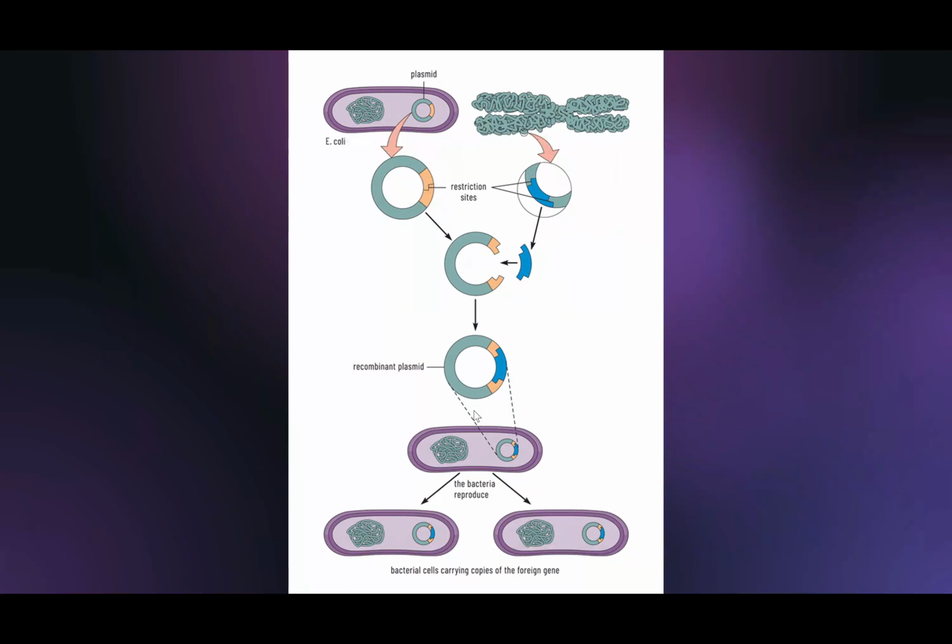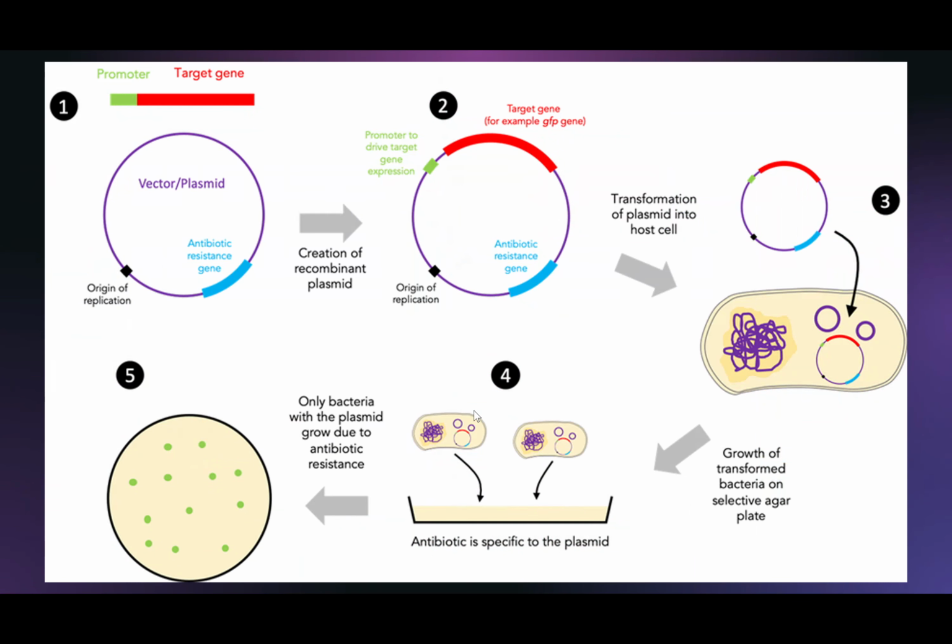And this is a diagram really summing it up. First, we have the promoter and the target gene there. We have the antibiotic resistant gene there. All we do now is create the recombinant plasmid, and we know that is through our restriction enzyme.